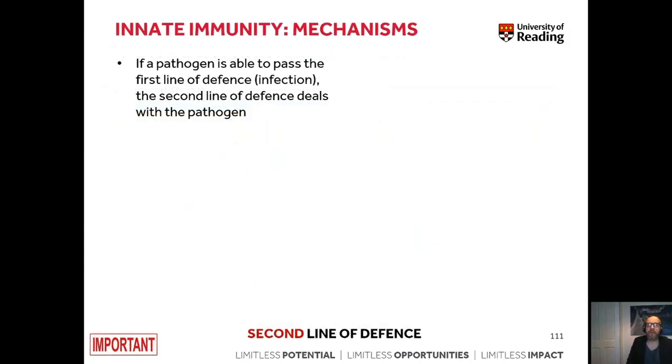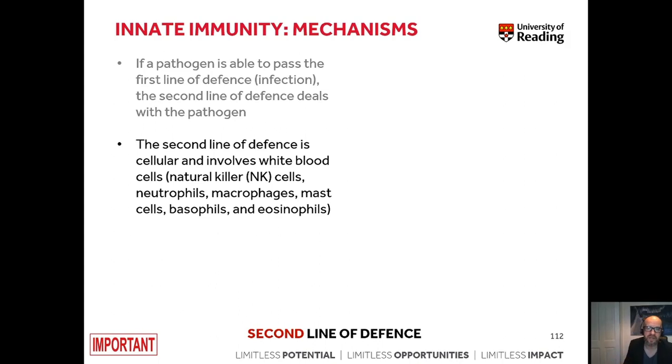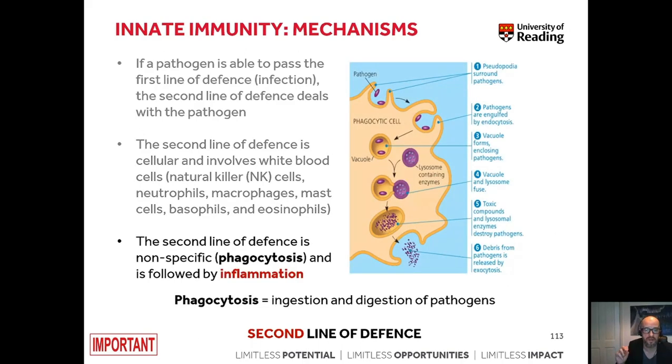However, if the pathogen is able to pass the first line of defense, this leads to infection. In this case, the second line of defense kicks in and deals with the pathogen. The second line of defense is cellular and involves white blood cells, including natural killer cells, neutrophils, macrophages, mast cells, basophils, and also eosinophils.